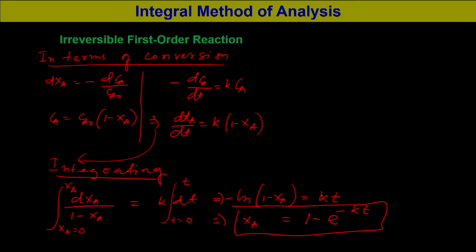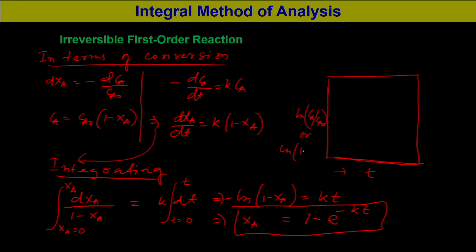Now, if we plot, say, this y axis is time and x axis we can plot ln C A by C A naught or ln 1 minus X A. So, we have two expressions, one is minus ln C A by C A naught is equal to k t.